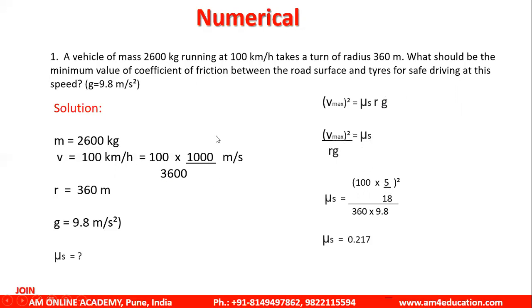On substituting, that is 100 into 5 by 18 whole square, upon 360 into 9.8, that comes out to be 0.217. So the value of the coefficient of friction on this particular track is 0.217.